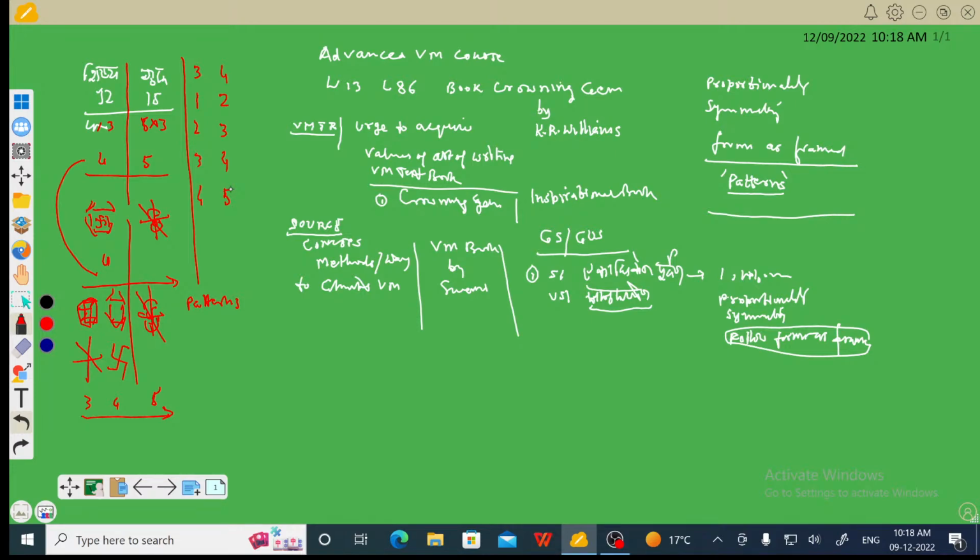So there is sequential logic, there is proportionality also, there is symmetry also, there are patterns also, and it is the reality, a real manifestation. These are to be recognized. These are to be acquired.